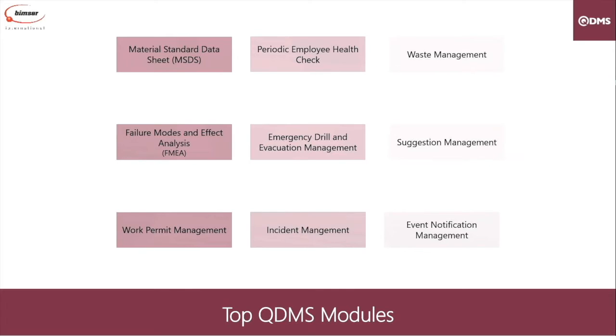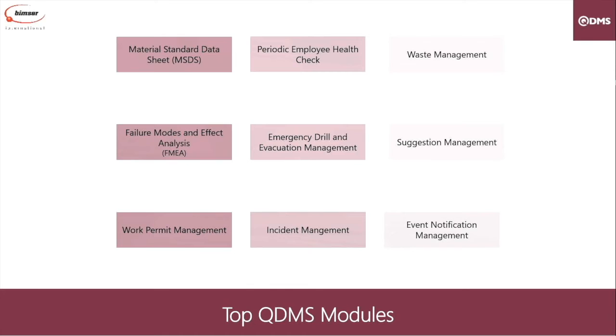We have many other modules as well. And with these modules, we want to establish this point that QDMS is extremely scalable, which means that it can scale up and it can scale down based on the company's preference. So a company can easily choose and pick independently which module to purchase based on their need.